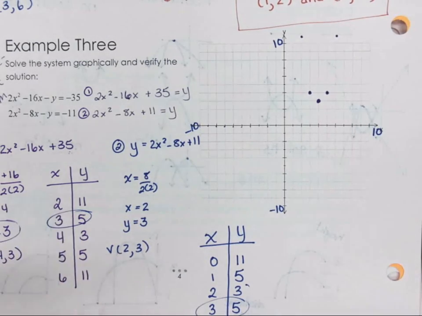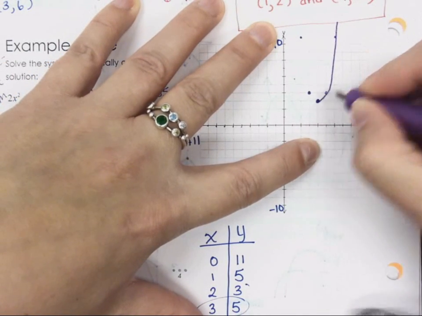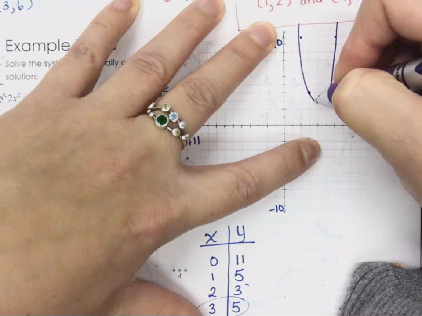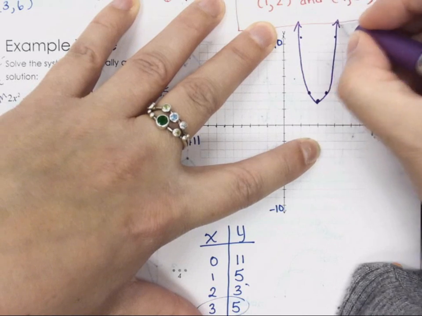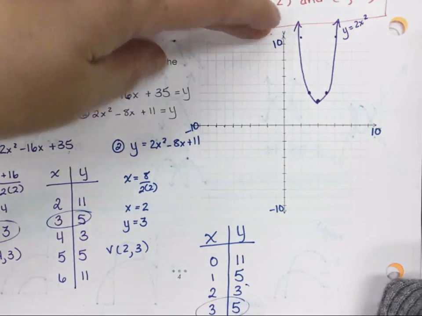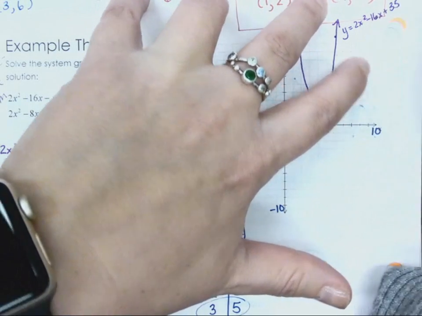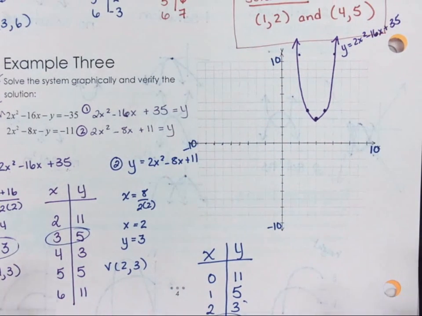I'm going to put those points just so I can see them. All right, I'm not getting any awards for that being a great parabola. y equals 2x squared minus 16x plus 35. I'm going to label that right away, just so I don't get confused.